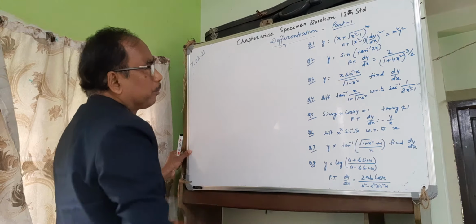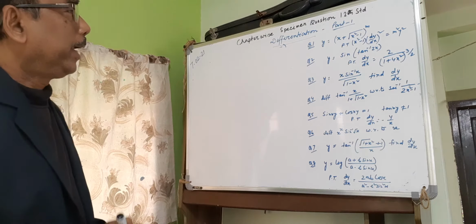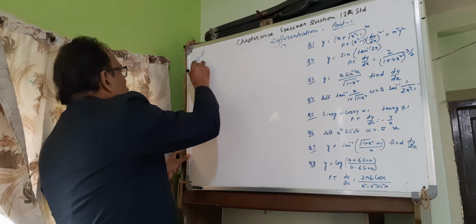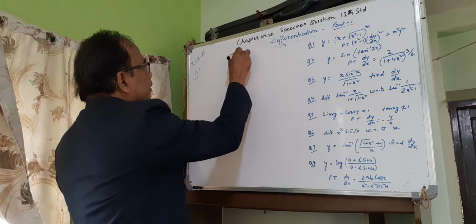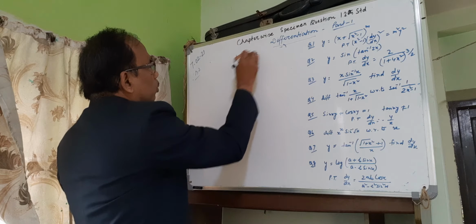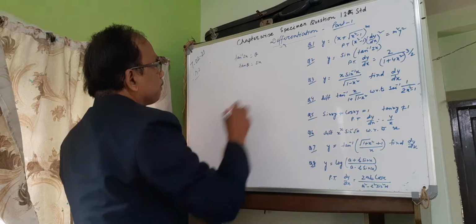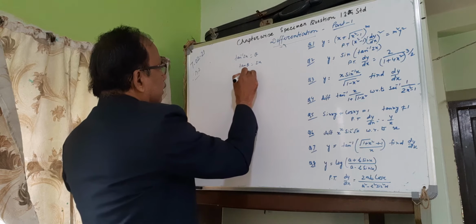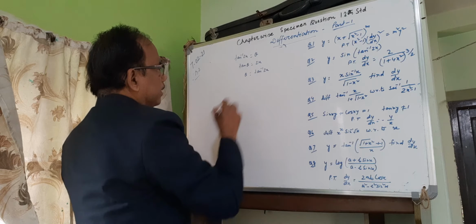Question number 2, y equals to sine of tan inverse 2x. Let tan inverse 2x equals to theta. Then tan theta equals to 2x, and theta equals to tan inverse 2x.